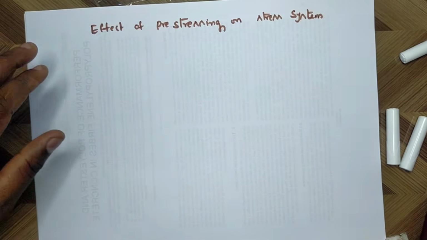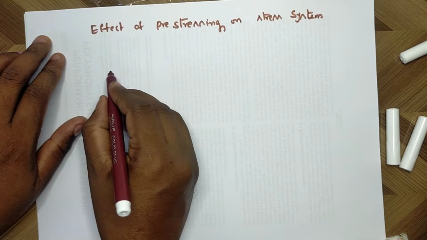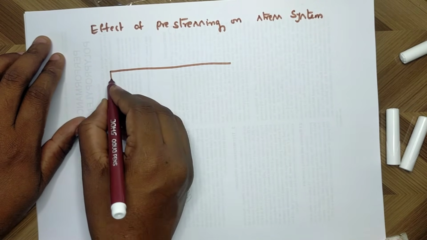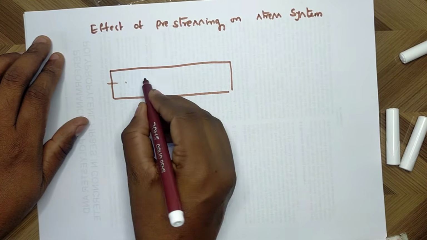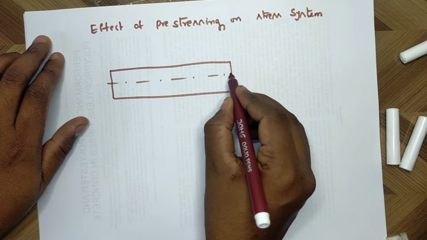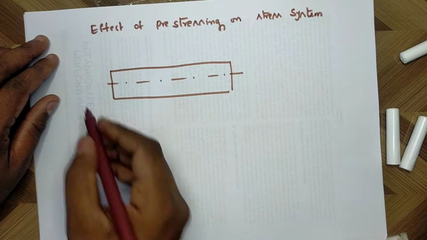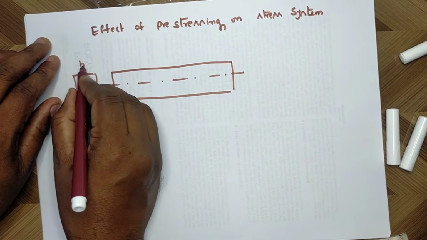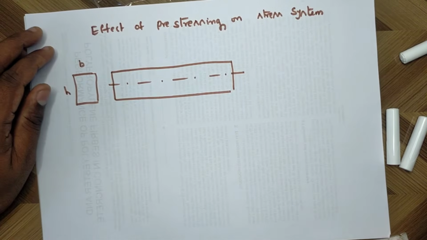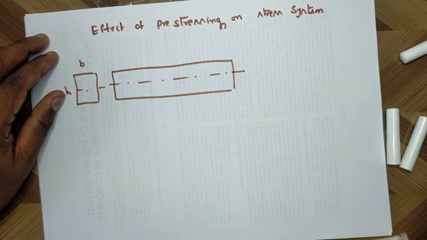Suppose in the earlier case, we have taken a normal RCC beam with breadth B and height H, right?